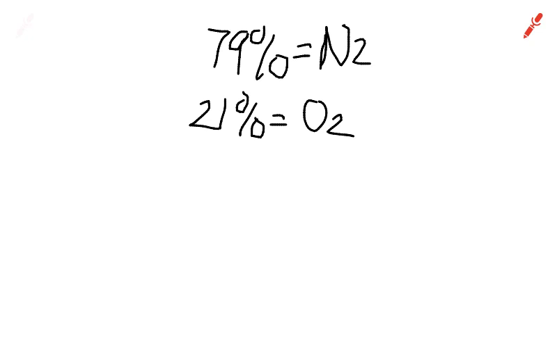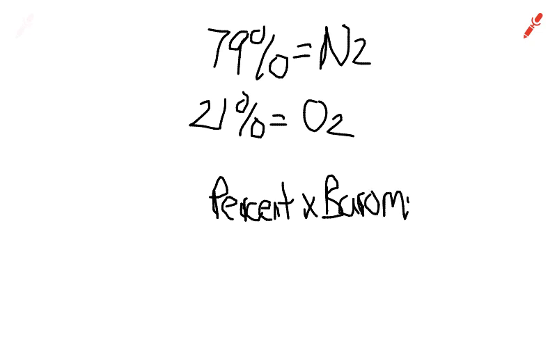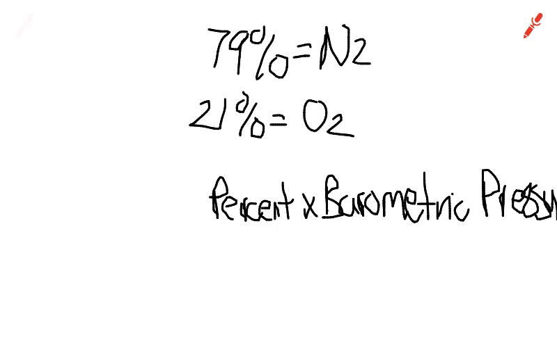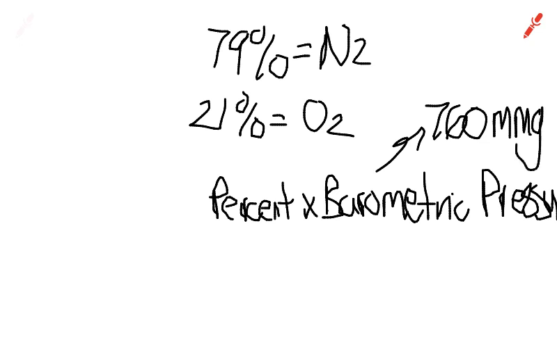What I mean is, the formula for partial pressure is the percentage of that molecule in the air, multiplied by the barometric pressure. And the barometric pressure, I don't really know a definition for it, I just know what it is. It's really some number they pick for the pressure of air. But it's always 760 millimeters of mercury, regardless of where you are on Earth.